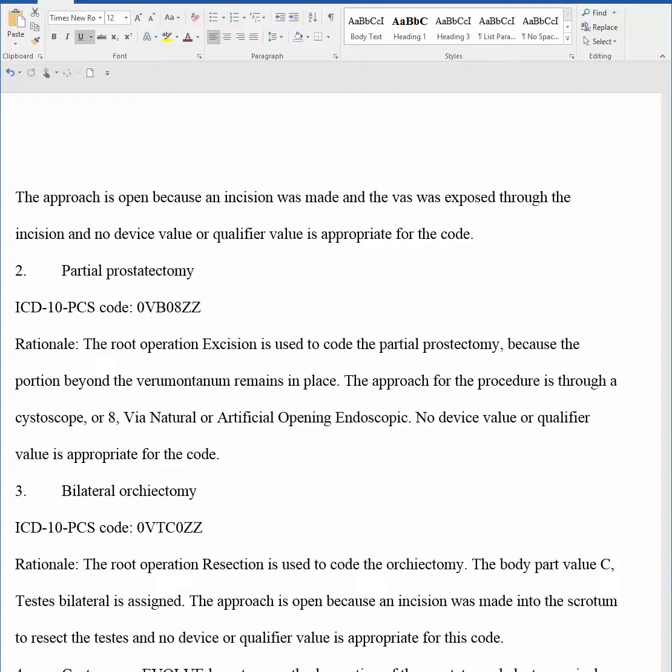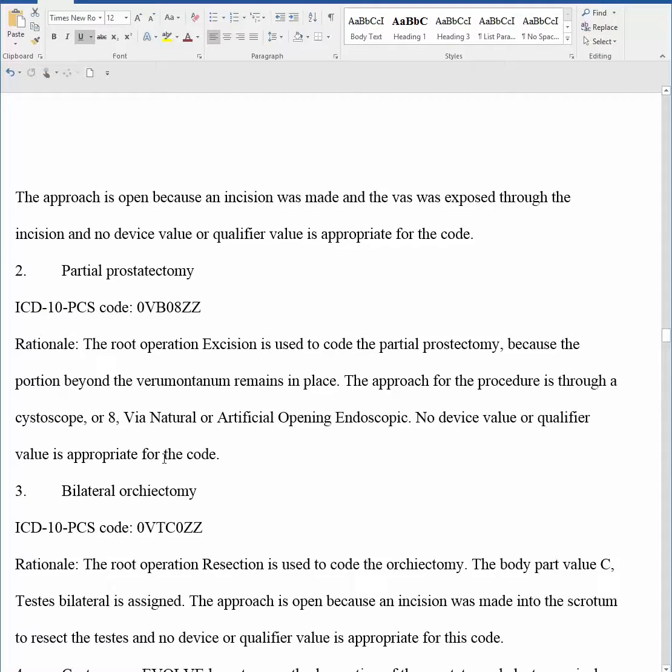Also, it's noted that this was done via the use of a cystoscope, which is an endoscopic device, so it's not an open surgical approach. We're going to index the word excision and prostate. We're going to make sure we choose the approach value of 8, which is a cystoscope or endoscope, in this case via a natural opening.